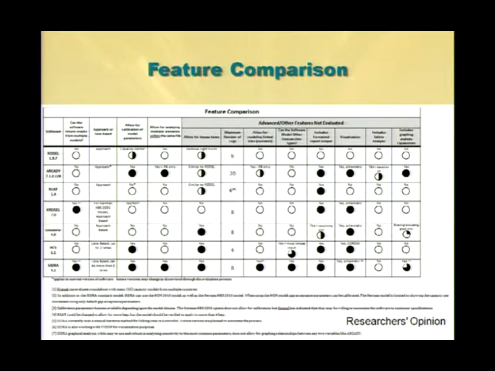But what we ended up doing was, and let me emphasize this little point here, this is our opinion. This isn't necessarily something that everybody would agree with, especially the authors of the software. But what you see up here is if the circle is white, then it wasn't doing so well.